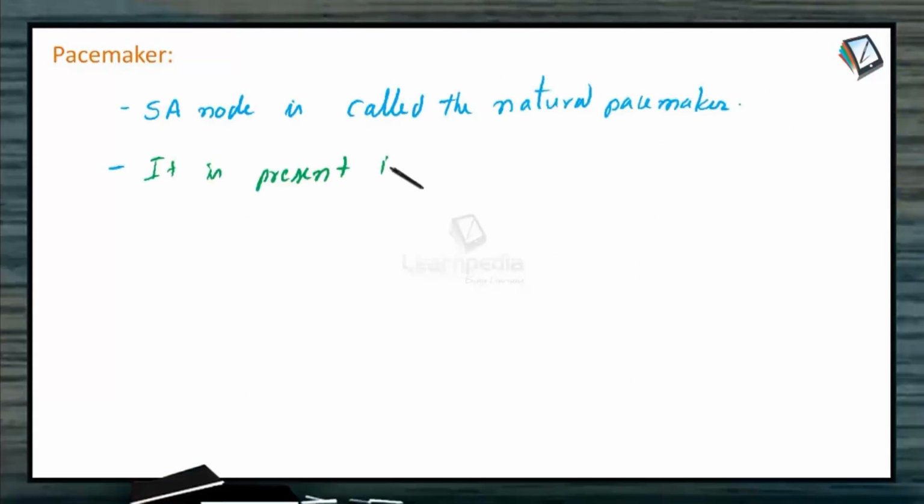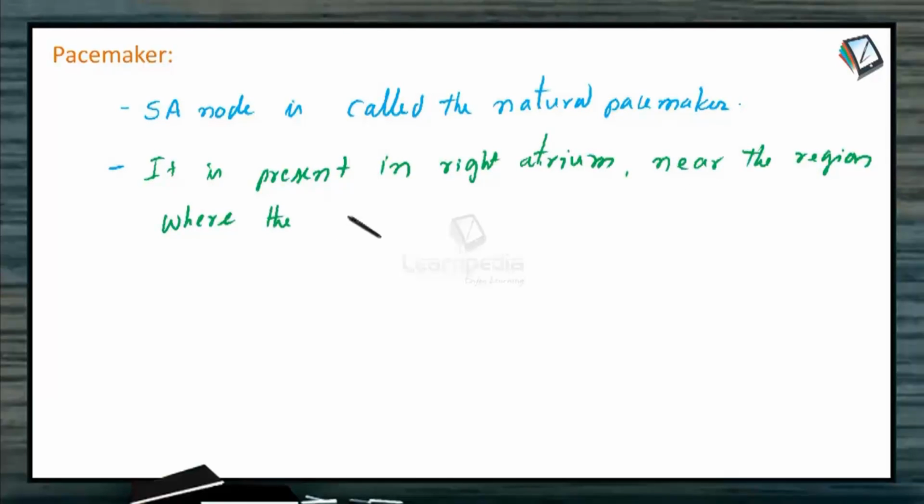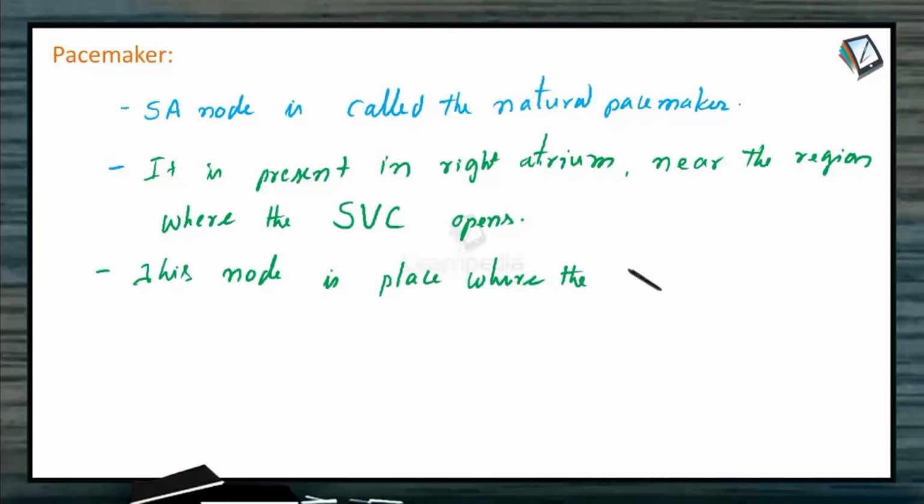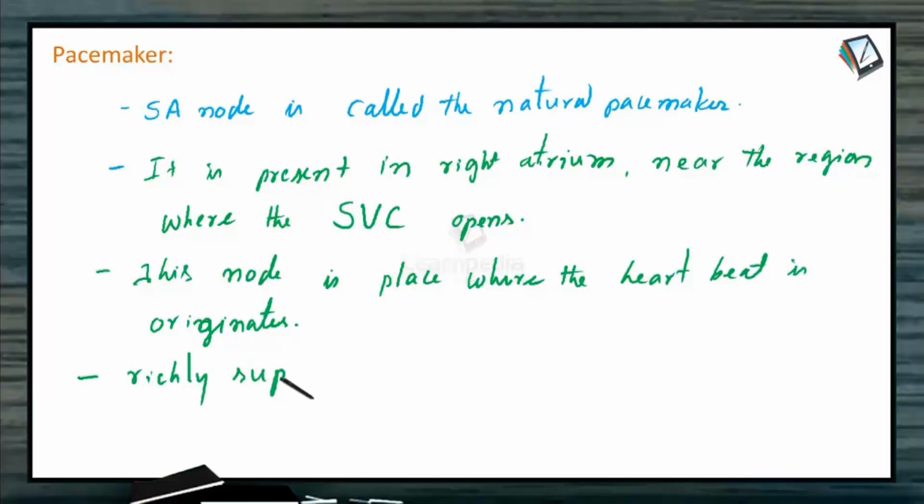Pacemaker. The SA node is called the natural pacemaker. It is present in the right atrium near the region where the superior vena cava opens. Actually, this node is the place where the heartbeat originates. So this is called the pacemaker, and it is richly supplied with blood vessels, and the wave of contraction originates from it and spreads all over the heart.